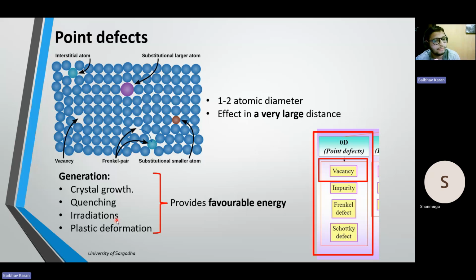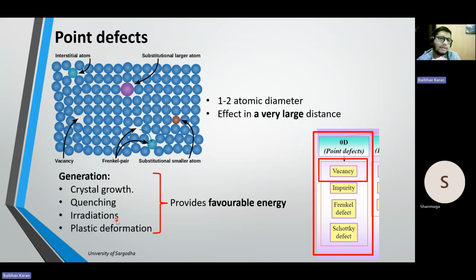Generally speaking, according to thermodynamics, everything tries to attain a state in which the energy is quite low. So if we introduce defects in the material, the material attains a low energy state. The material will always try to attain that low energy state by introducing defects, and thermodynamics proves that the introduction of these defects decreases the energy of the material.